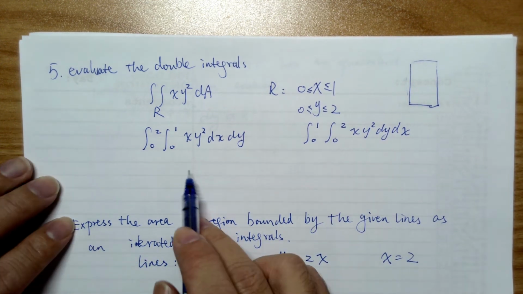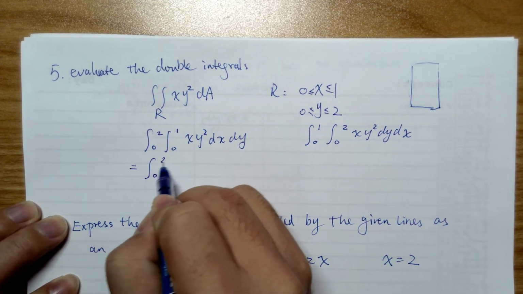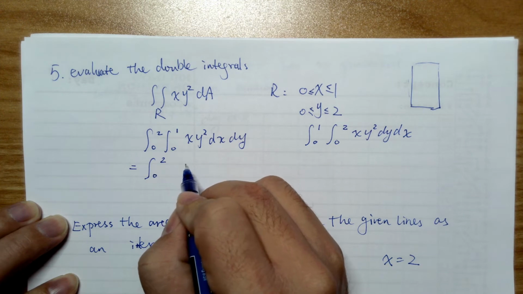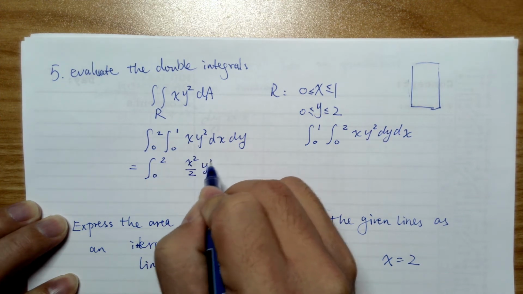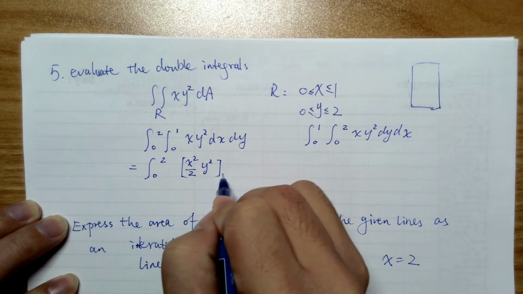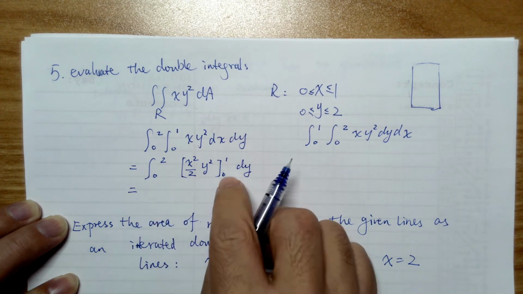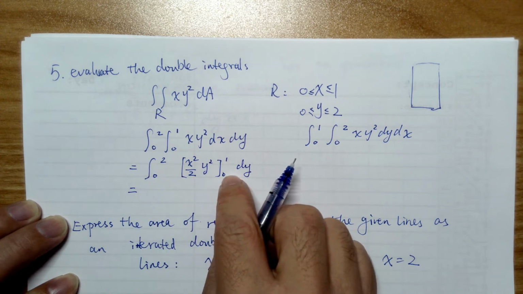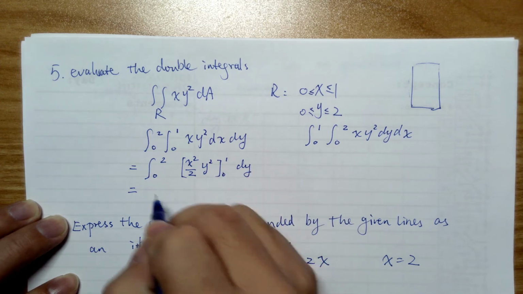So we can focus on the first one that gives us x squared over 2 y squared, right? 0 to 1, and then dy. So this will give you, actually, it's half y squared, right?